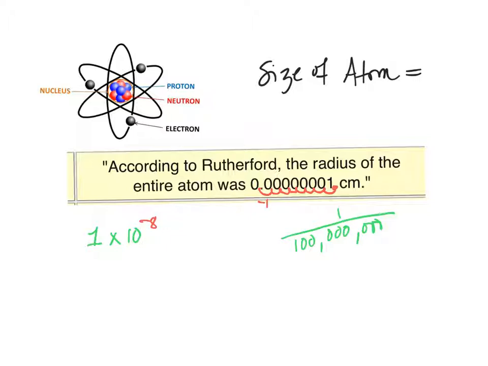So 1.0 times 10 to the -8 is the same as this, but you're writing it without all those zeros there. One of the things you have to remember is how many times you moved that decimal place over, right? So this was 8 times: -1, -2, -3, -4, -5, -6, -7, -8. Okay, sounds good.